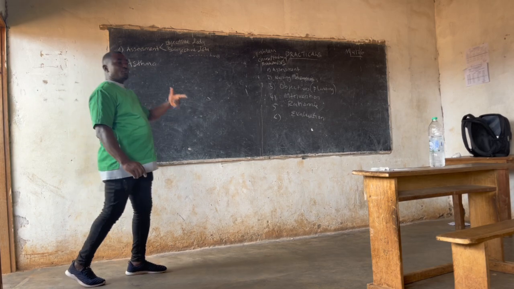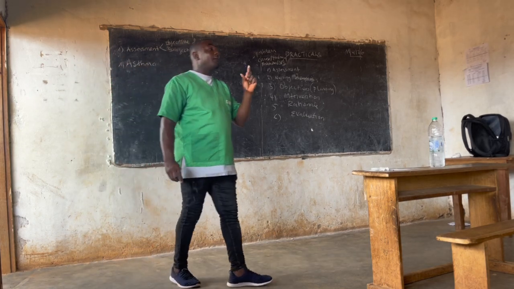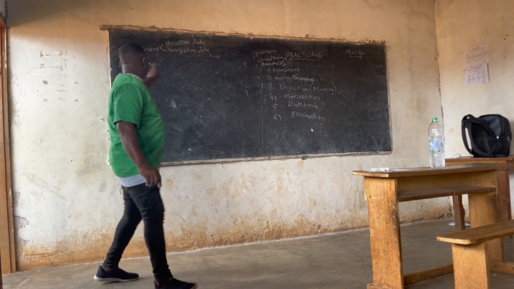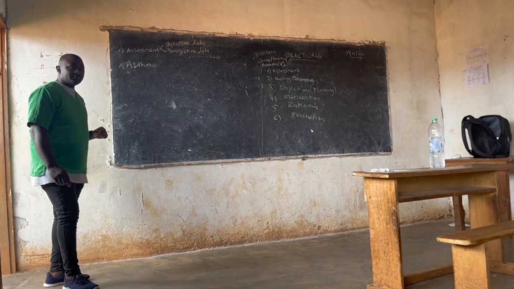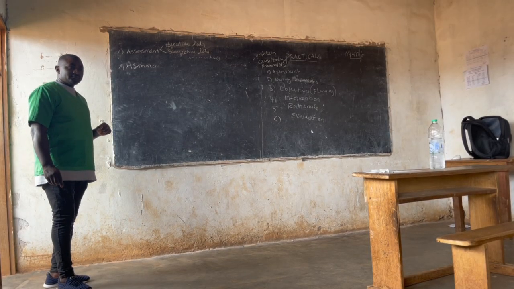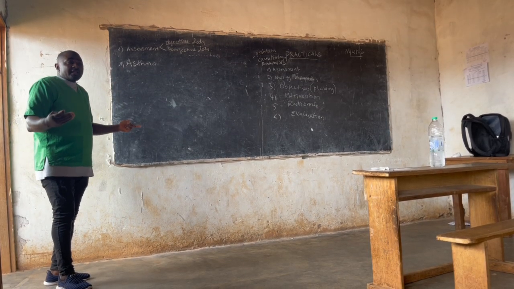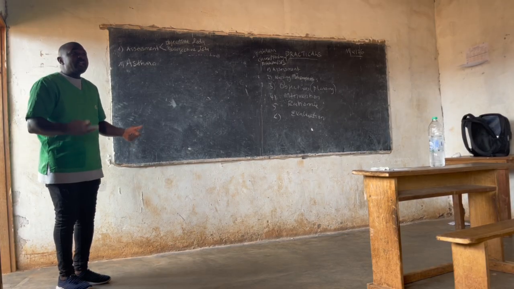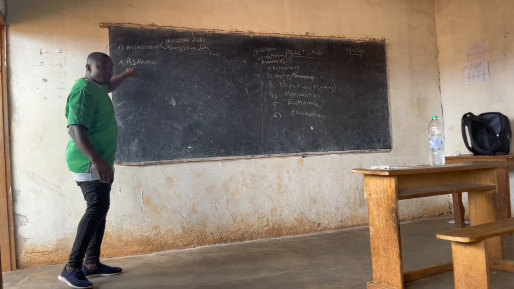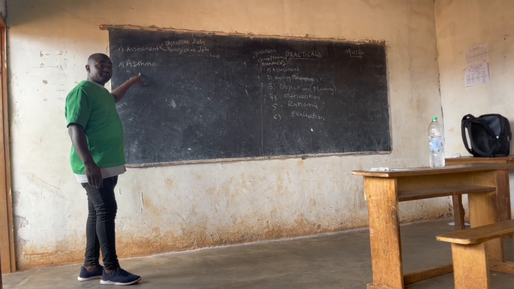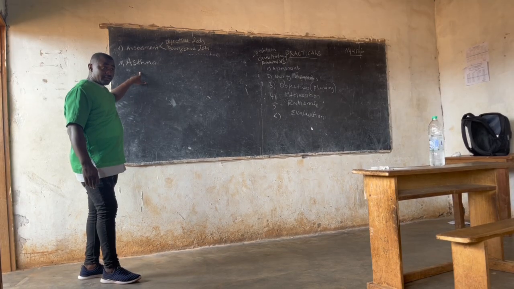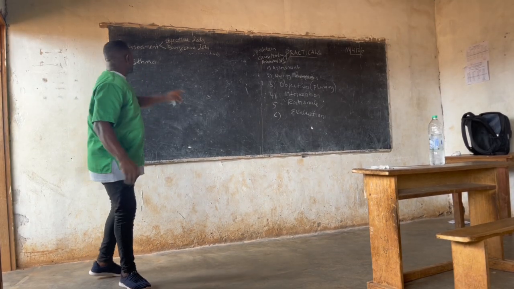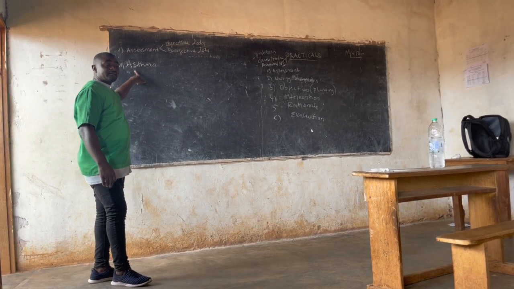What you are supposed to do, you use the 14 needs of Virginia Henderson to draw the nursing care plan. Because you are not assessing to know your needs. They have already assessed and they have given you asthma.